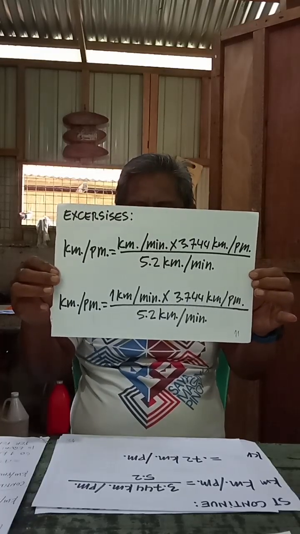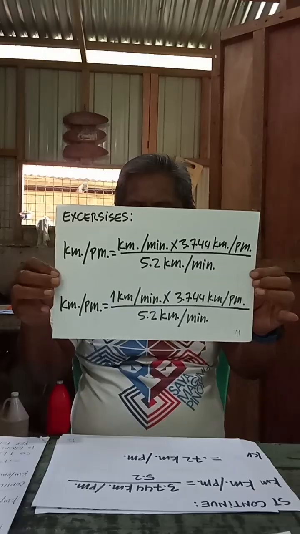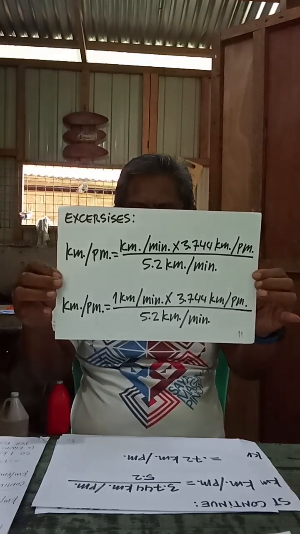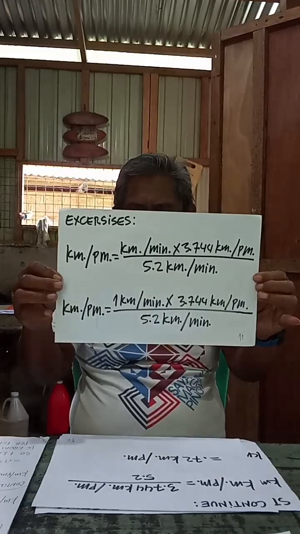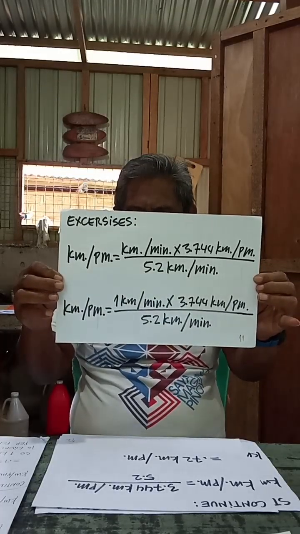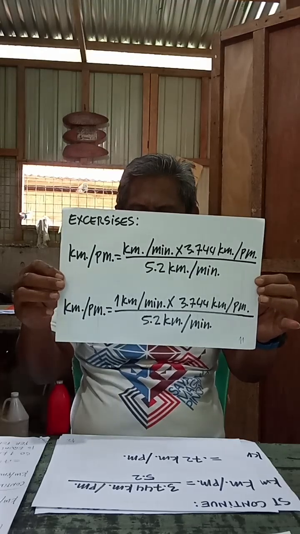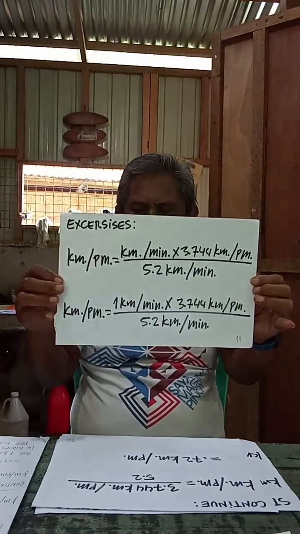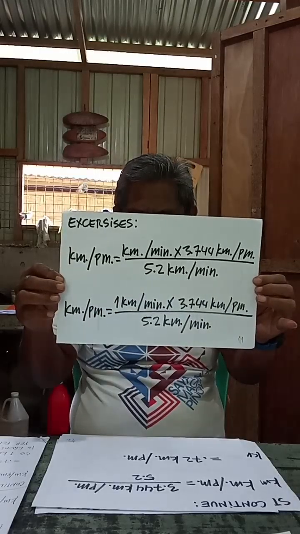So, 1 kilometer per minute times 3.744 kilometer per peri-minute over 5.2 kilometer per minute.